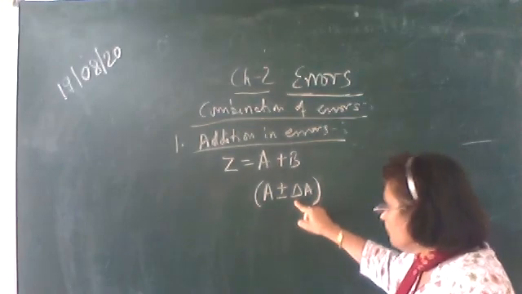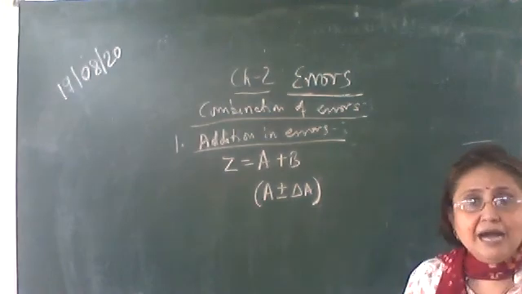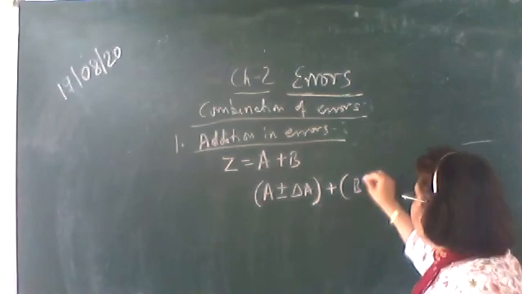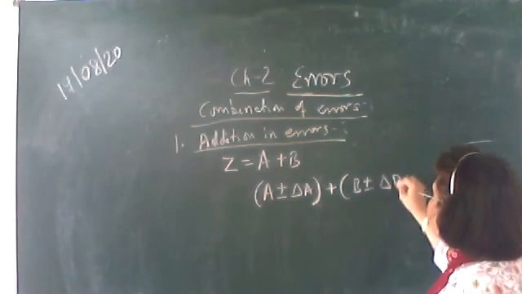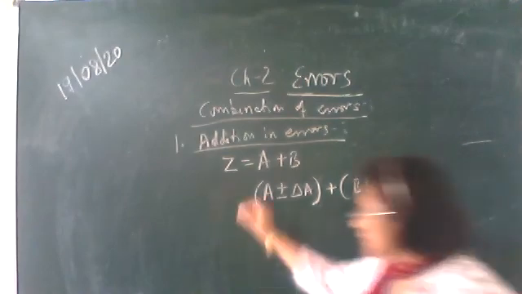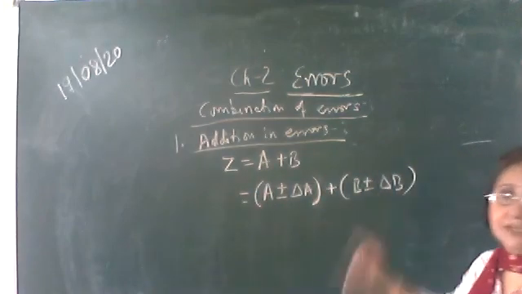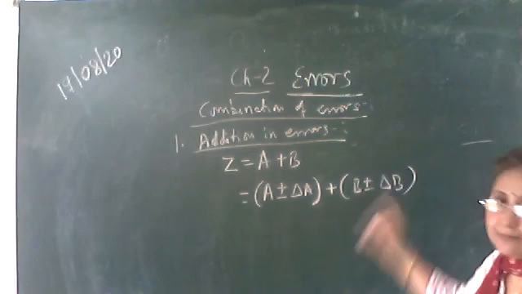Now the measured value of A is added to the measured value of B. What is the measured value of B? B plus minus delta B. Then the sum will also have some absolute error. Why? Because we are adding measured values which have some absolute error.